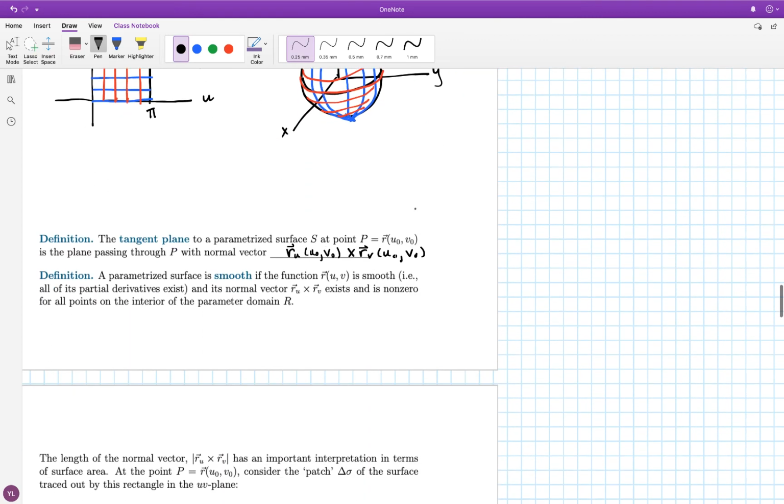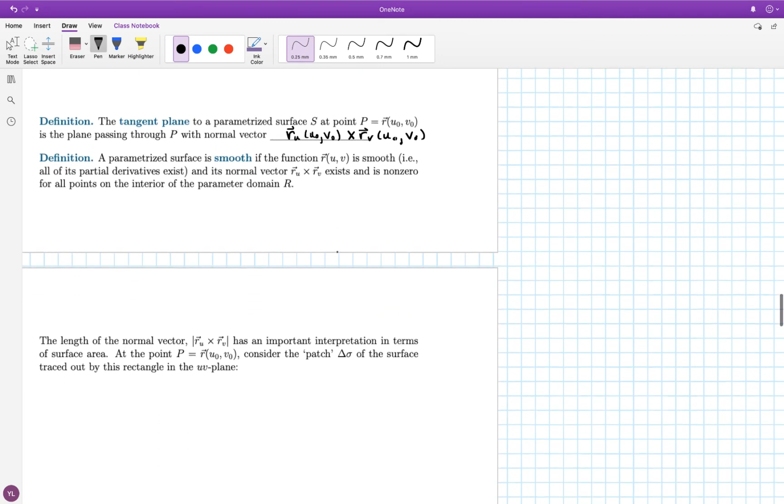Okay, so if we have a particularly nice surface, one in which the parameterization is smooth, so you've got the partial derivatives that you need, r sub u and r sub v, then you're going to have a notion of a normal vector anywhere on the surface, and those surfaces are going to be good to do calculus with, basically.